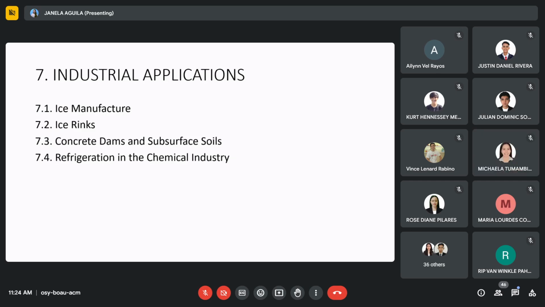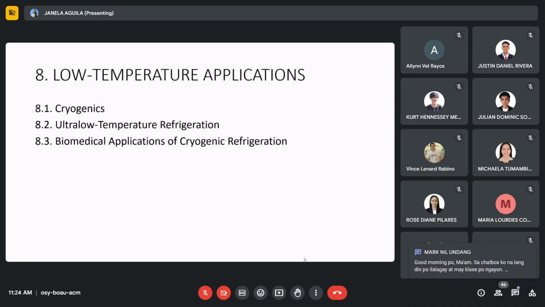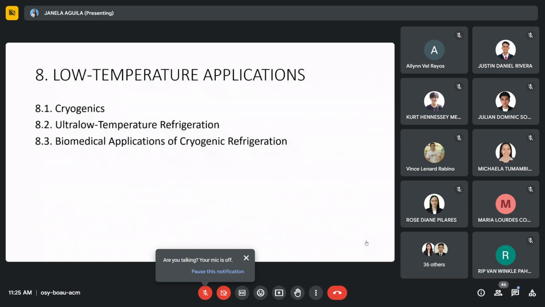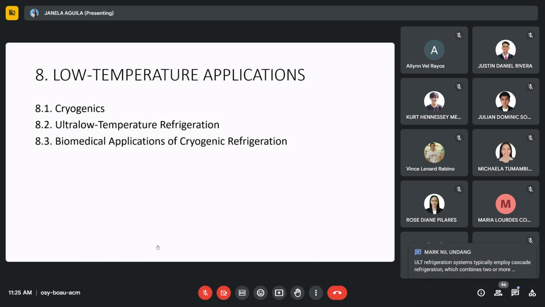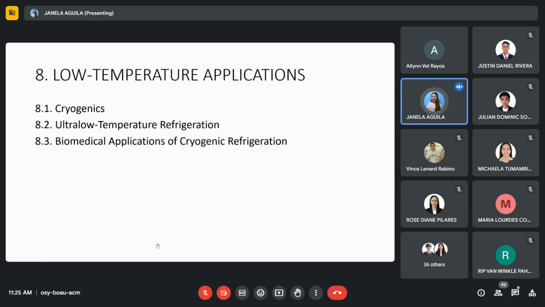Yan lang po. Nasan si yung huli? Ma'am, nasa chat box din daw po ang explanation po for this slide.